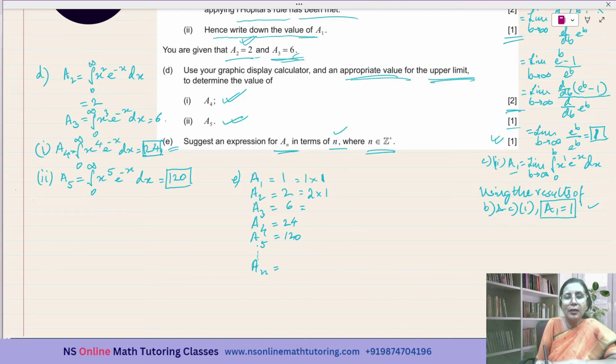See, when this is 1, I'm starting with 1. When this is 2, I'm starting with 2. When this is 3, I should be starting with 3. And 6 is 3 times 2, and I am always ending with 1, so it is times 1. When it is A4, I'll be starting with 4. 4 times 6 is 24. So as soon as you see 6, you have to relate that 6 to this expression, because 6 is this. In place of 6, you should be writing this.